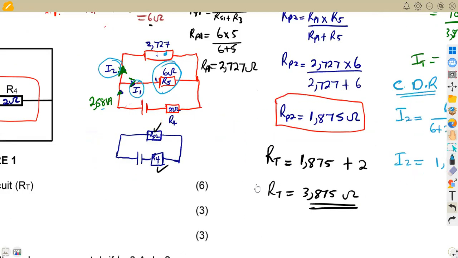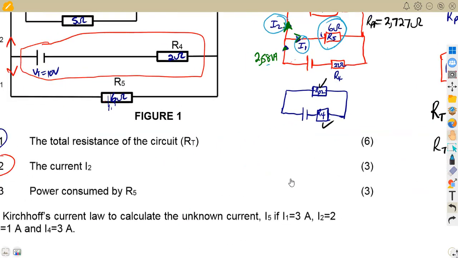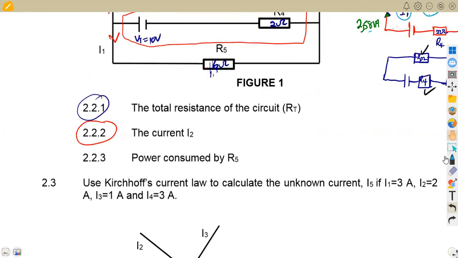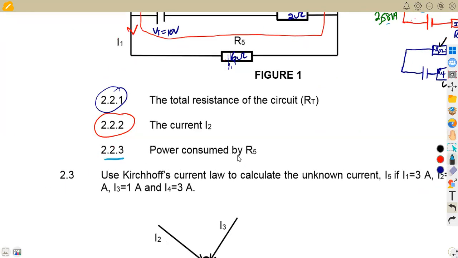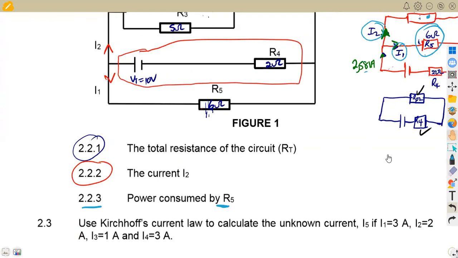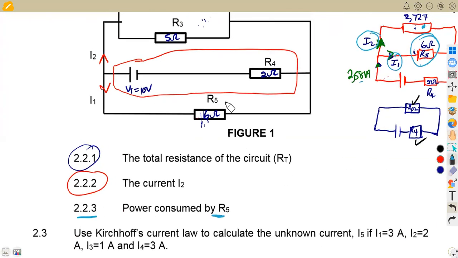All right, so let us check the other part, the power consumed by R5. I want us to be careful because on our memo it's not given properly. The power consumed by R5 is supposed to use the current across R5, which is current I1. We are supposed to use current I1.